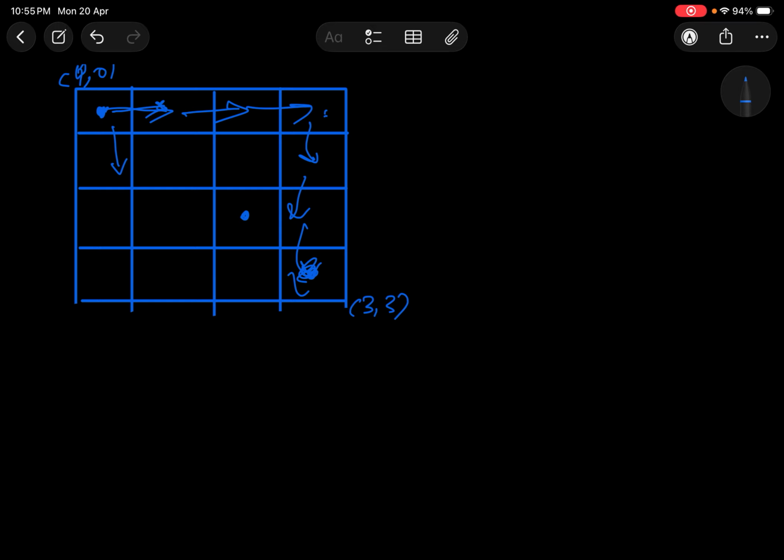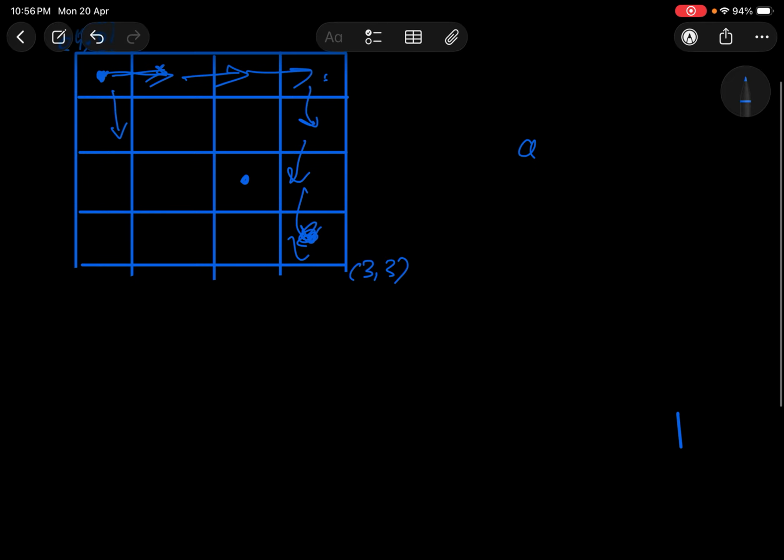Let's say the movement of right is A, and moving down is B. So what essentially we are doing is arranging A and B in a row and finding the total number of arrangements. Let's see how that works.